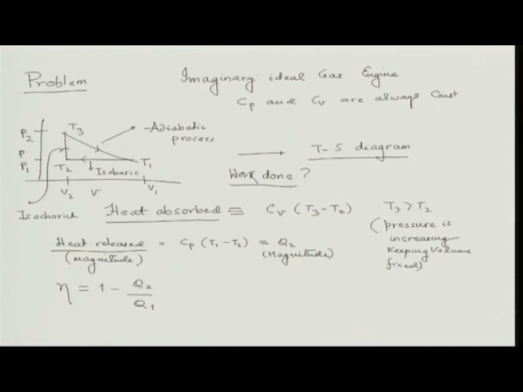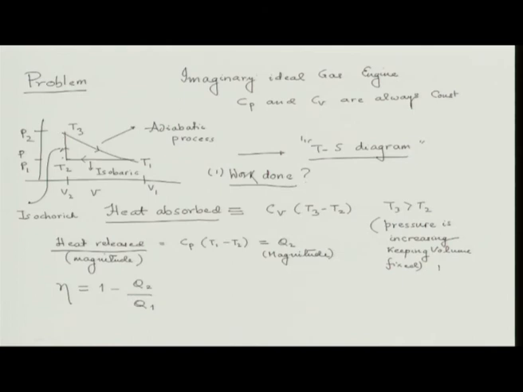I asked you to calculate the work done, that will be in this process and this process; no, volume is kept fixed. Okay. Second, find out the TS diagram, PV diagram I have given. So, I calculated heat absorbed; heat is absorbed in this process because keeping volume fixed I am changing pressure.